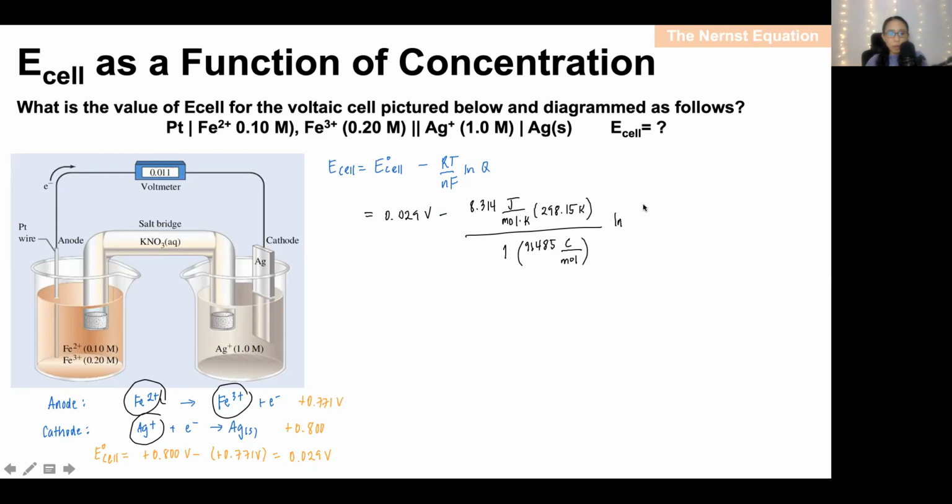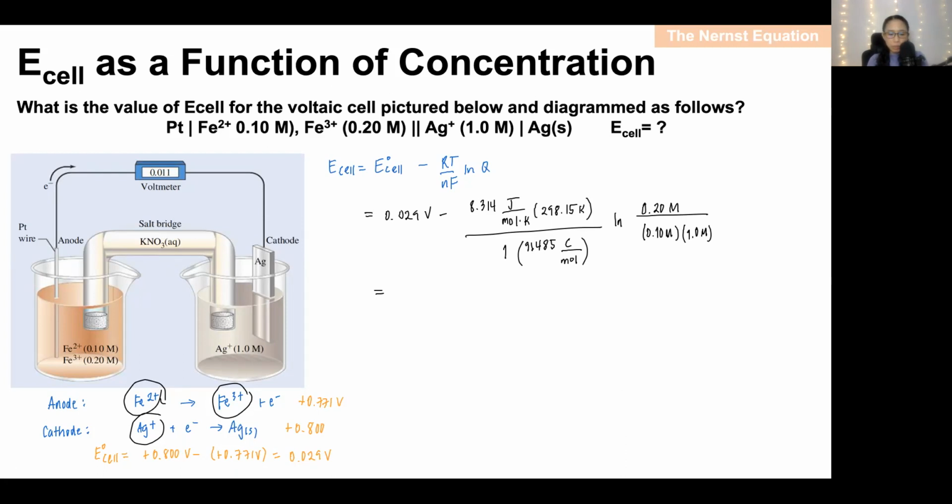So the product is iron 3, so the concentration is 0.20 molar. And then reactants, we have iron 2 with a concentration of 0.10 molar and silver ion with a concentration of 1 molar. So now, let's compute for the cell potential.